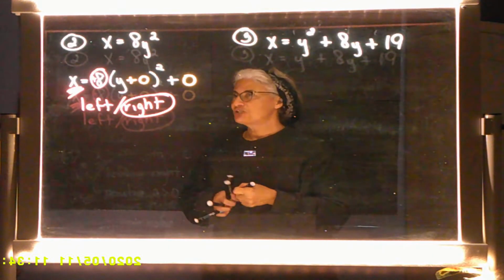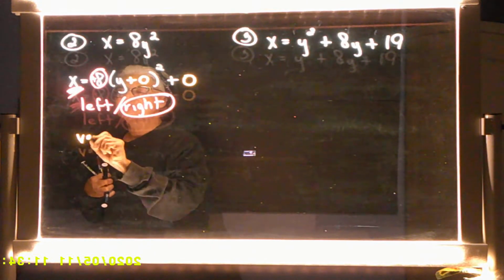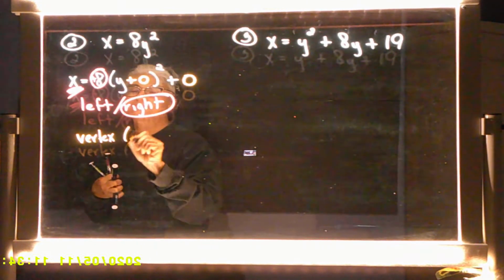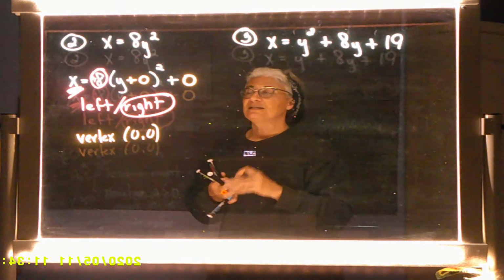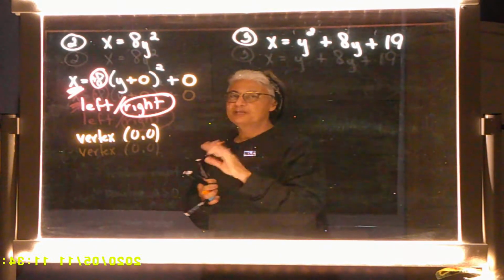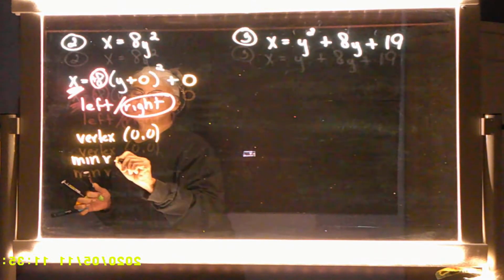Good. So, what's my vertex? Good, your vertex would be 0, 0. And it goes to the right, so min or max? Good, you can identify a minimum value.